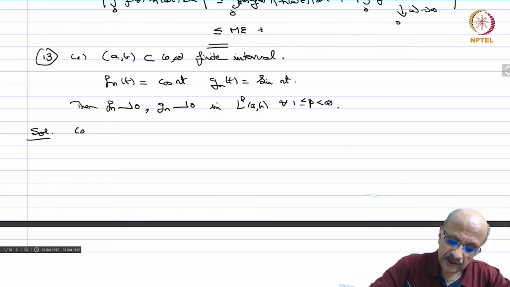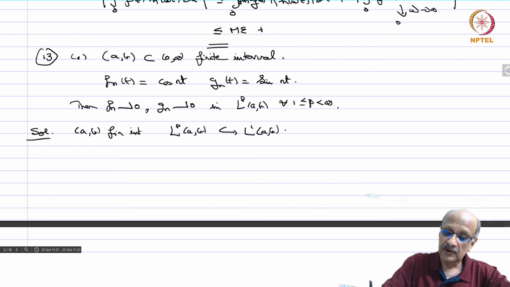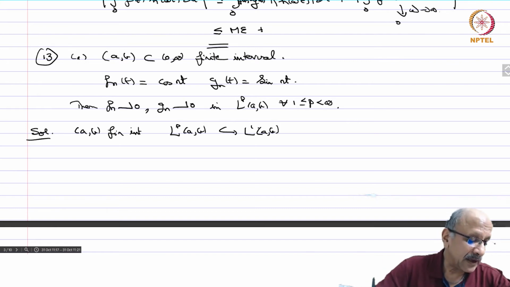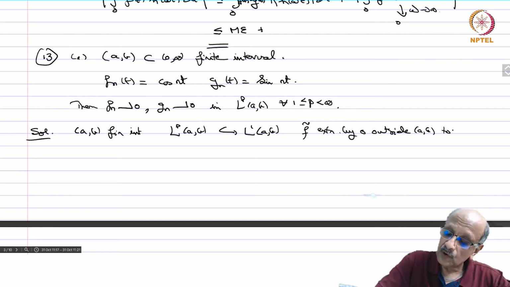So AB is a finite interval. So Lp of AB is contained in L1 of AB because it's a finite measure space, and therefore any bigger Lp is continuously embedded in a smaller Lp. Now you take f tilde, the extension by 0 outside AB to 0 infinity.